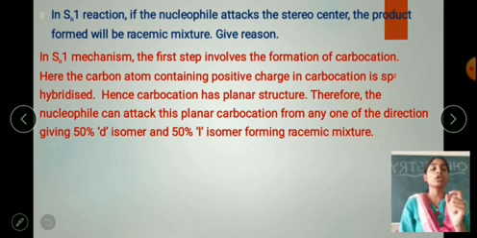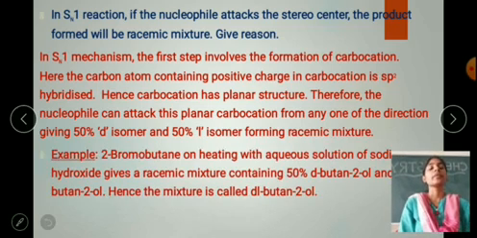For example, OH minus is a nucleophile. It can attack at both sides of the carbocation because of its planar structure. Hence, there will be a formation of the racemic mixture, that is D and L isomers, or plus and minus, 50% of the D isomer and 50% of the L isomer forming the racemic mixture.